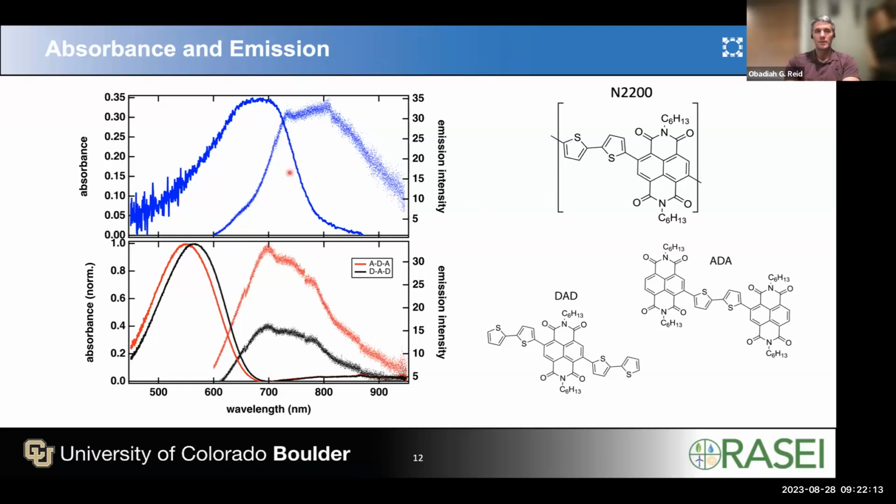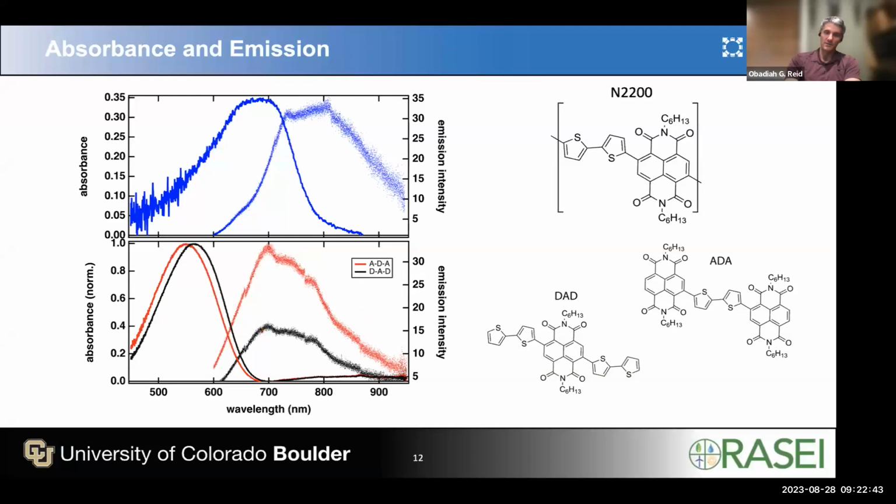So this is absorption on the left axis, the solid traces, and emission on the right axis with the dashed traces, for N2200 in dilute solution, as well as the ADA and the DAD compounds. The emission of these things isn't any stronger than what you see in the N2200, though there is a distinct difference between the two.